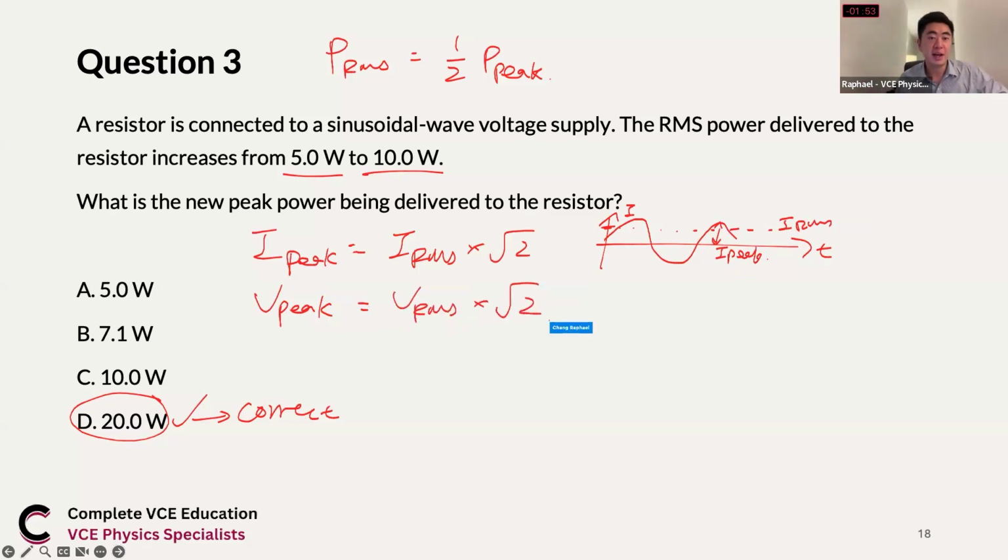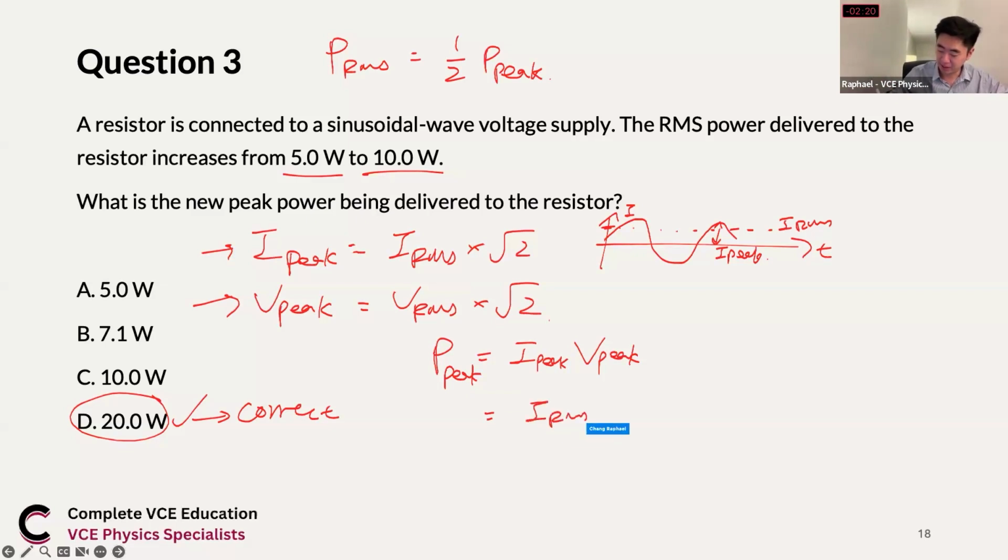Same thing here. So we look at the formula for power. We know that power is equal to current times voltage. And so it makes sense that peak power, P peak, is equal to I peak times V peak. If we sub in the two equations we've had at the top into that third line, P peak equals I peak times V peak, which gives us I RMS times root 2 times V RMS times root 2.